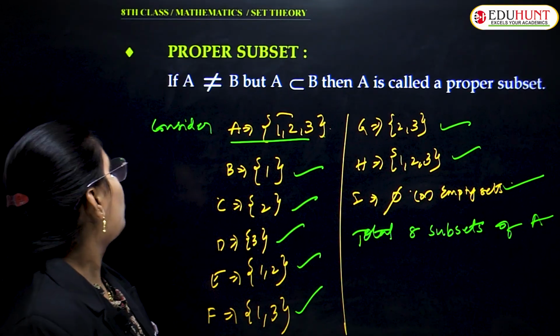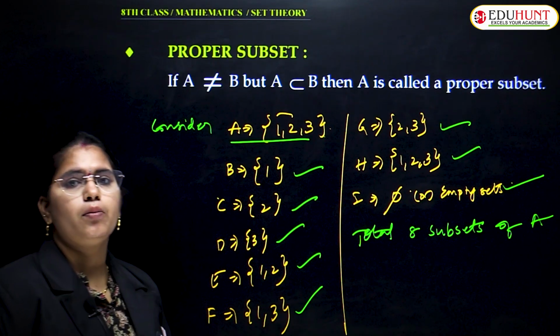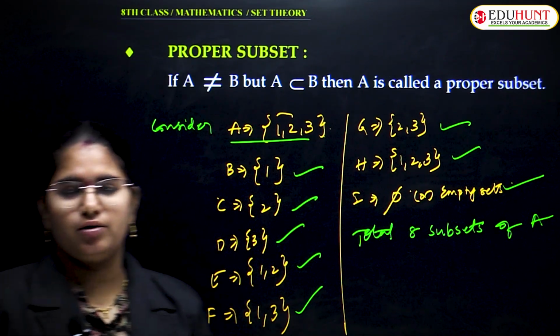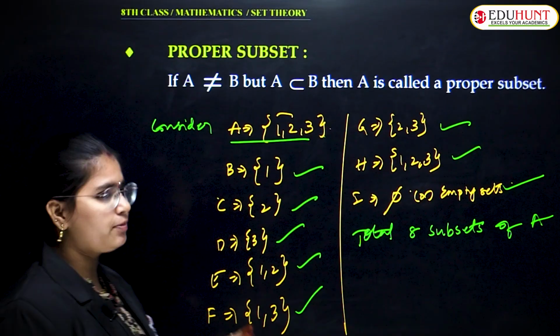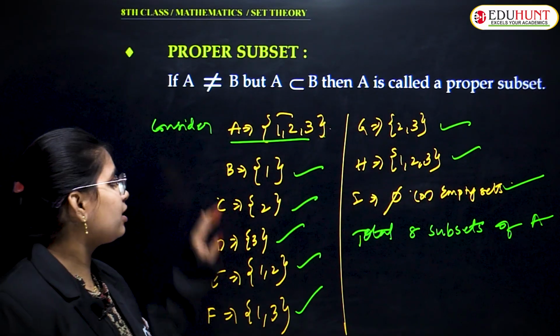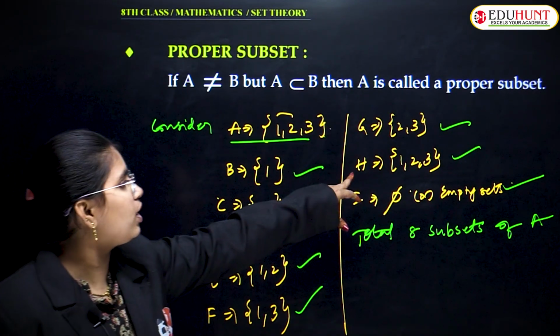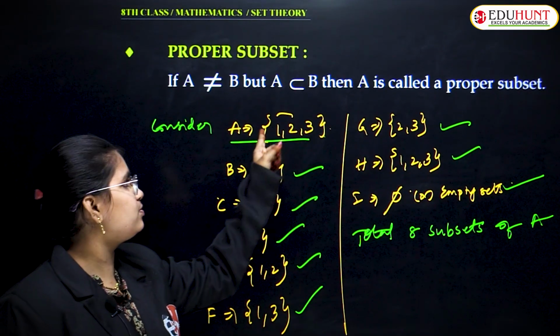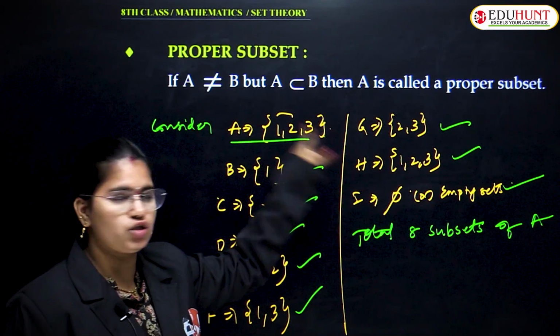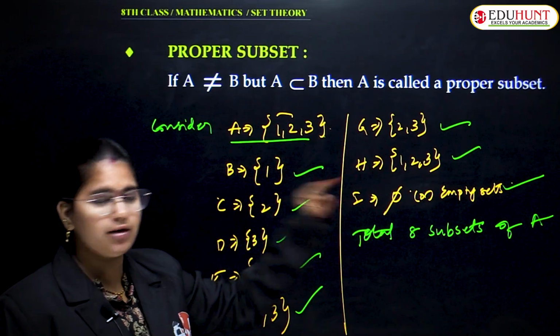Now what I am telling is proper subset. What does proper subset mean? Out of the 8 subsets, you have the same set, correct? A is equal to H in this example, right?